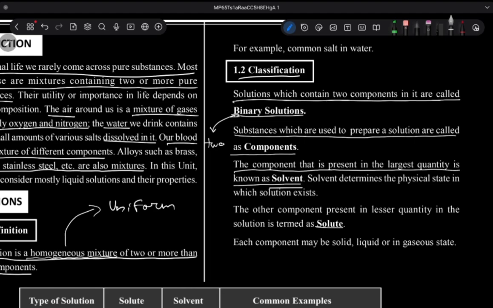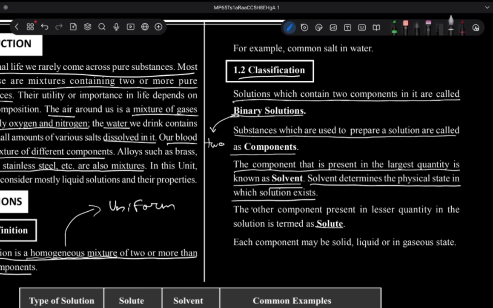Solvent determines the physical state in which the solution exists. It decides if the final result is a solid, liquid or gas. In sugar water, the water is the solvent.